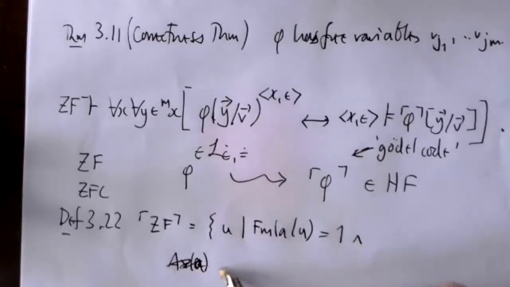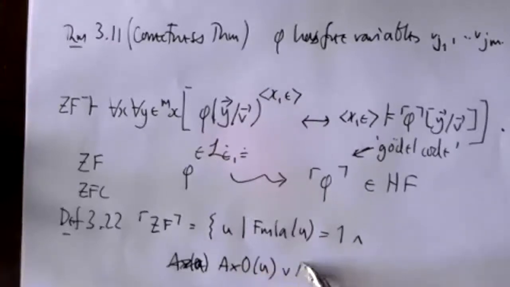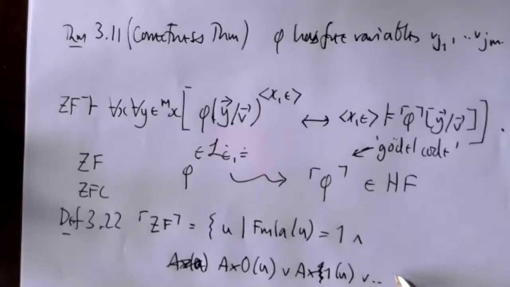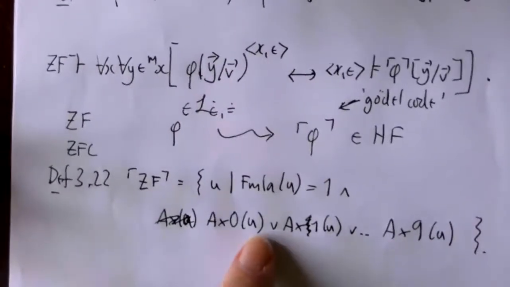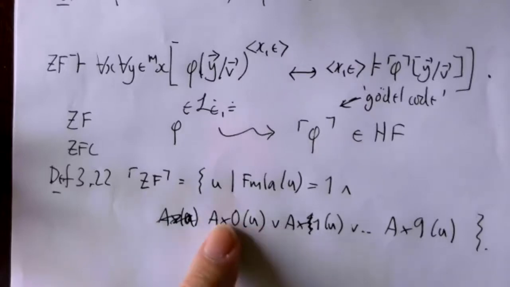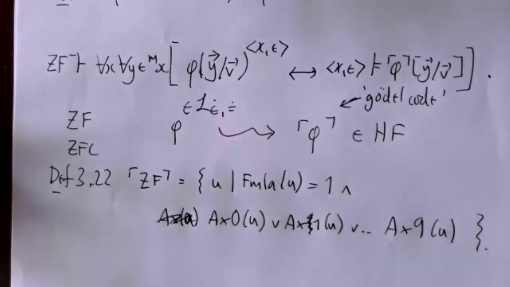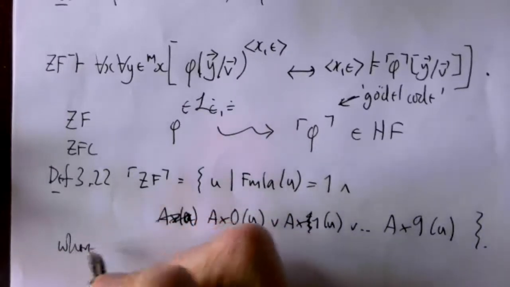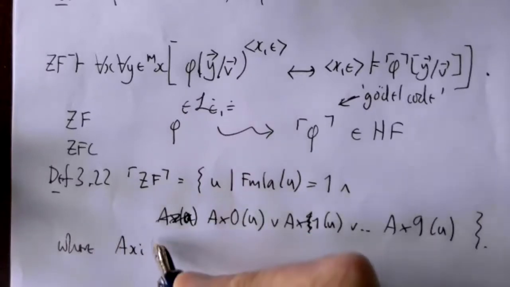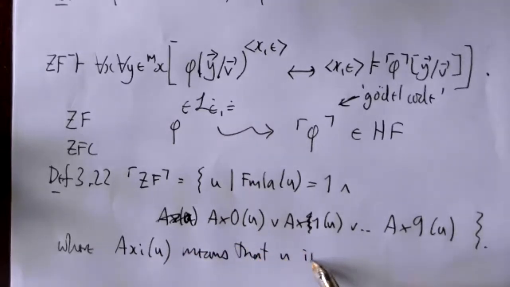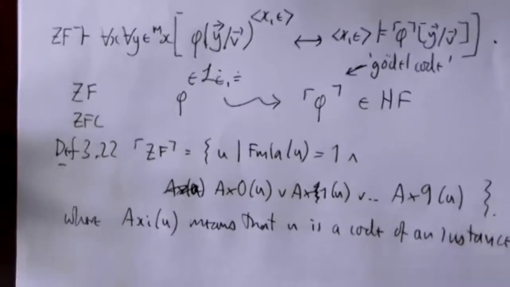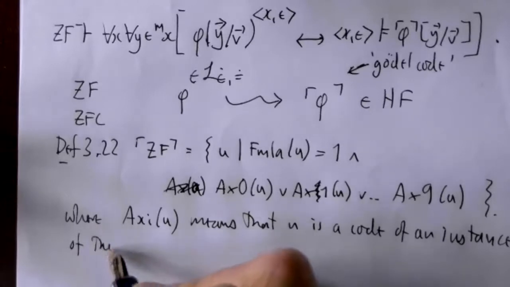AX0 of U, or AX1 of U, or AX9 of U. Basically, we're just going to say U is a code of, in this case, the axiom of extensionality, where AXi of U is a code of an instance of the axiom AXi.